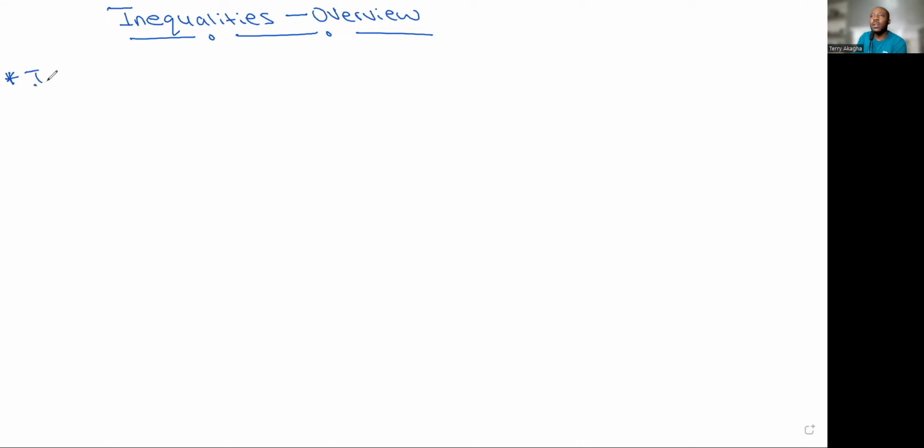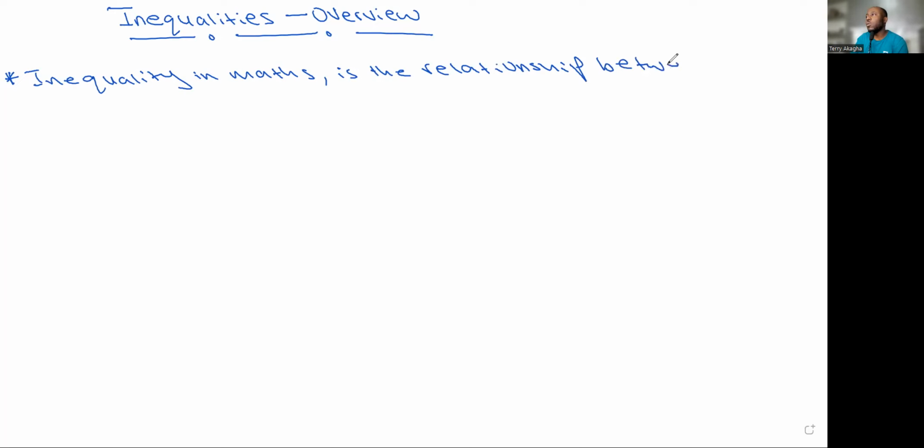So when I say inequality in maths, this is a relationship between two values. Two values that are not equal.